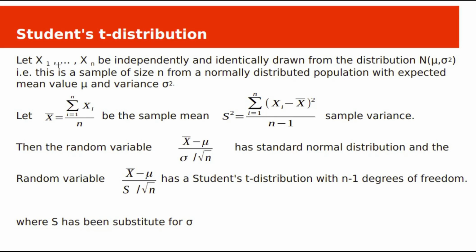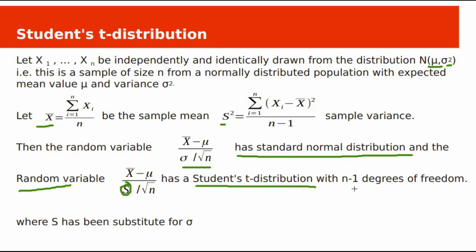Let x1, x2 and so on up to xn be drawn from a normally distributed population with mean mu and variance sigma square. Let x bar be the sample mean and s the sample standard deviation. Then the random variable x bar minus mu by sigma by square root n has a standard normal distribution, but the random variable x bar minus mu by s by square root n, here s is the sample standard deviation, has Student t-distribution with n minus 1 degrees of freedom.